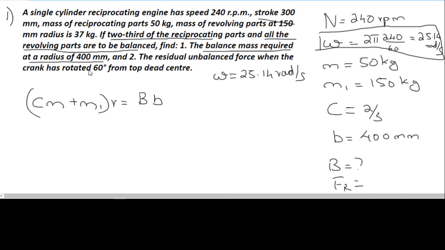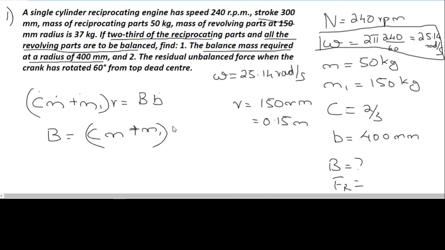R will be equal to 150 mm, and it will be 0.15 meters. So m is known, m1 is known, C is known, and R is known. To find B, B will be equal to (C into m plus m1) times R over small letter b.